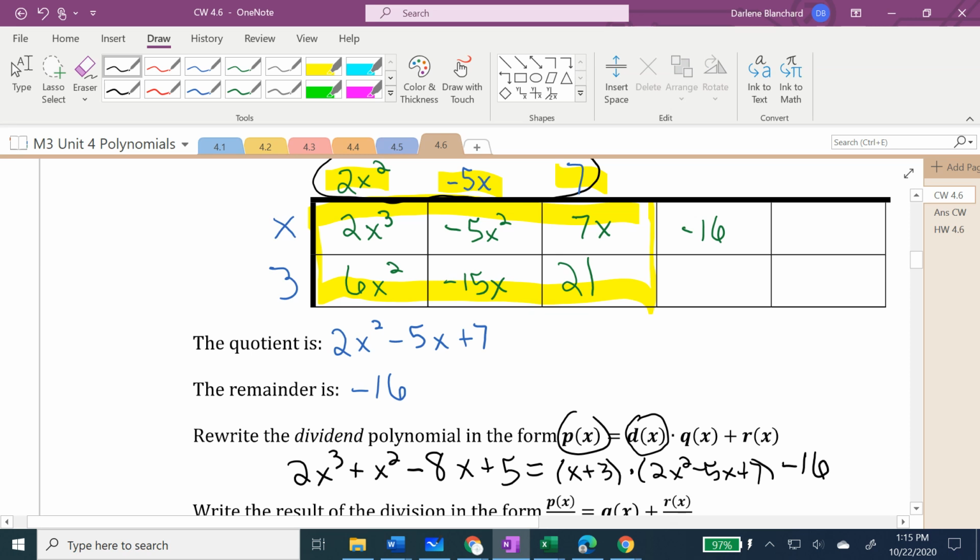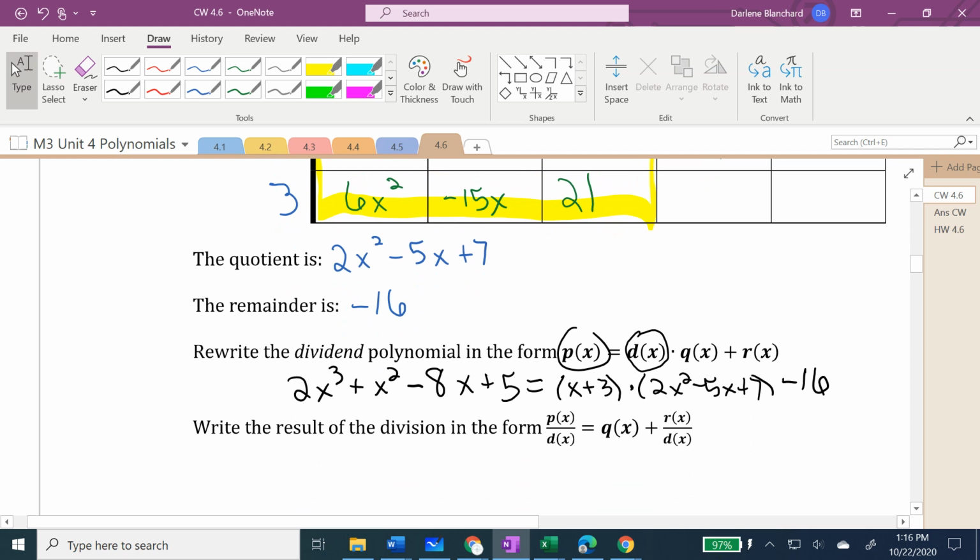So what this is trying to show you is that you can rewrite a polynomial based on the result of your division. The next piece is looking at if you want to write the result of your division.